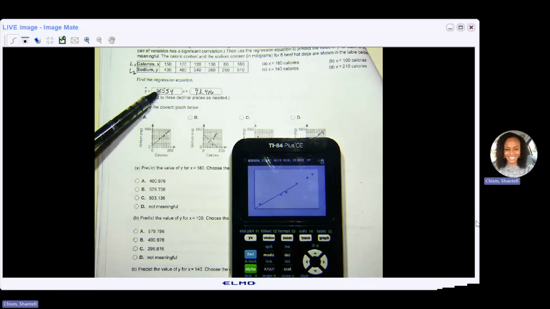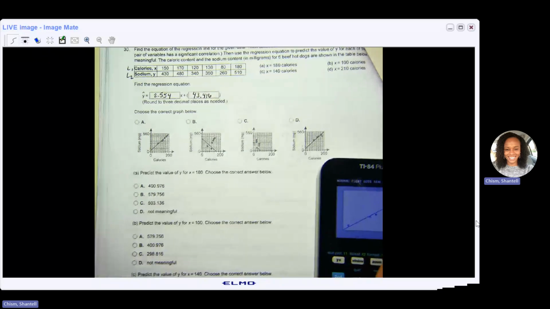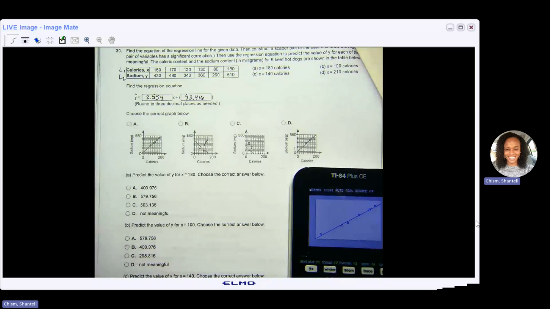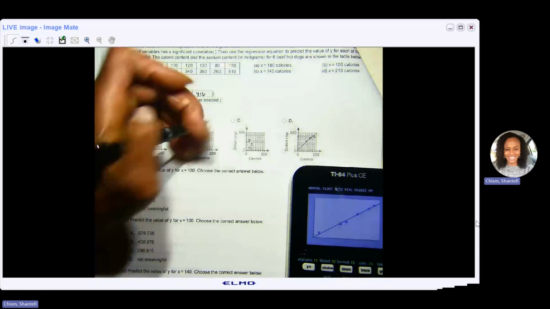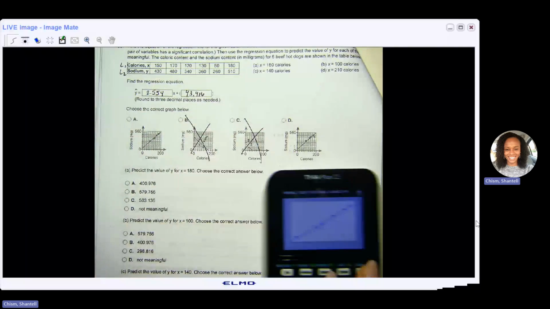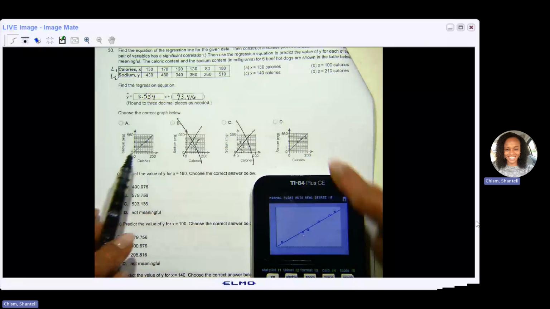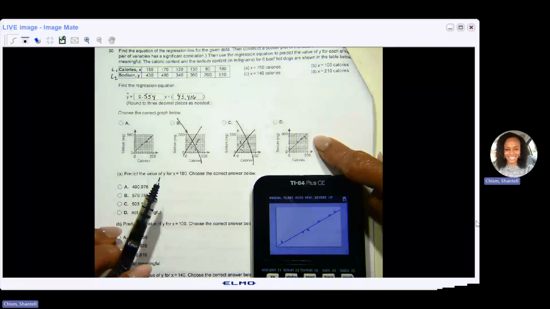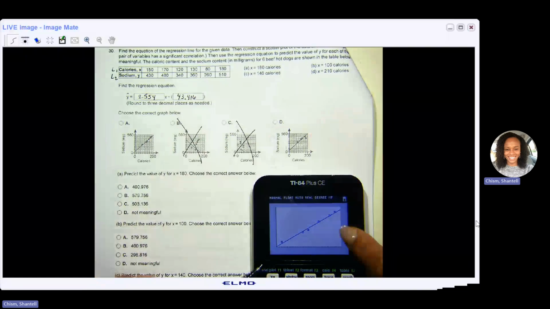Our slope was positive, so notice that our line is going up. There are two that I can omit right away because the line is going in the wrong direction. This is a positive slope, so my line should be going upward. So omit B and omit C. It's either A or D. Let's see which one. Now, this is going to be kind of harder to tell on here. I think I can see that extra dot on D, and I don't have it on my image.